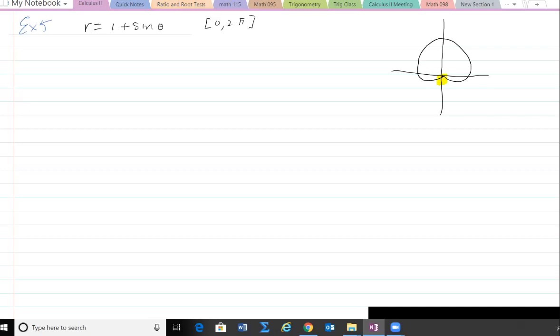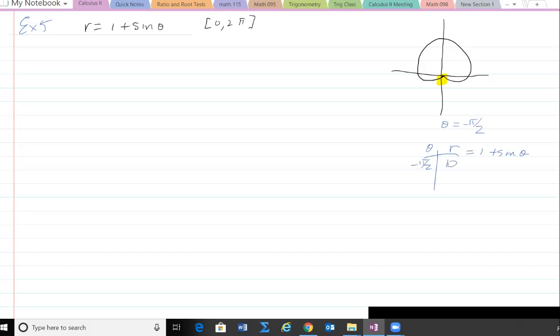So we'll get around that just by noting that this point down here actually corresponds to theta equals negative pi over 2. That's the point here. So you can find that if you just set up a small table with your function here. If theta is negative pi over 2, I get a 0 here.